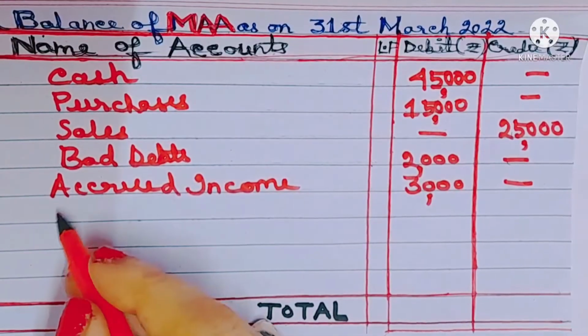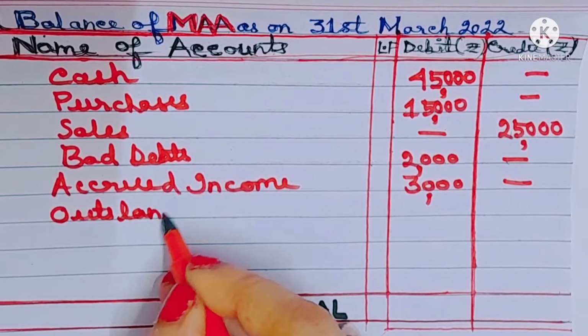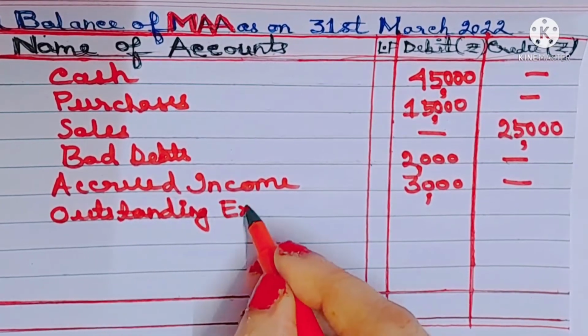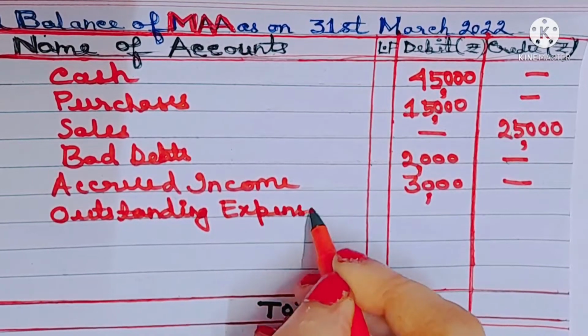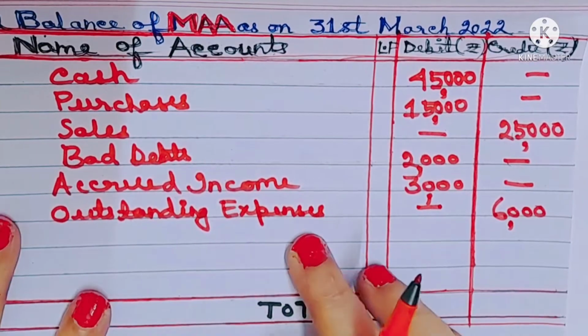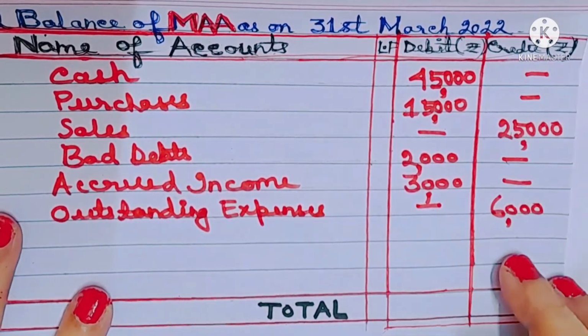Okay, so outstanding expenses has a credit balance. We have rectified and we have written 6,000 in the credit column.